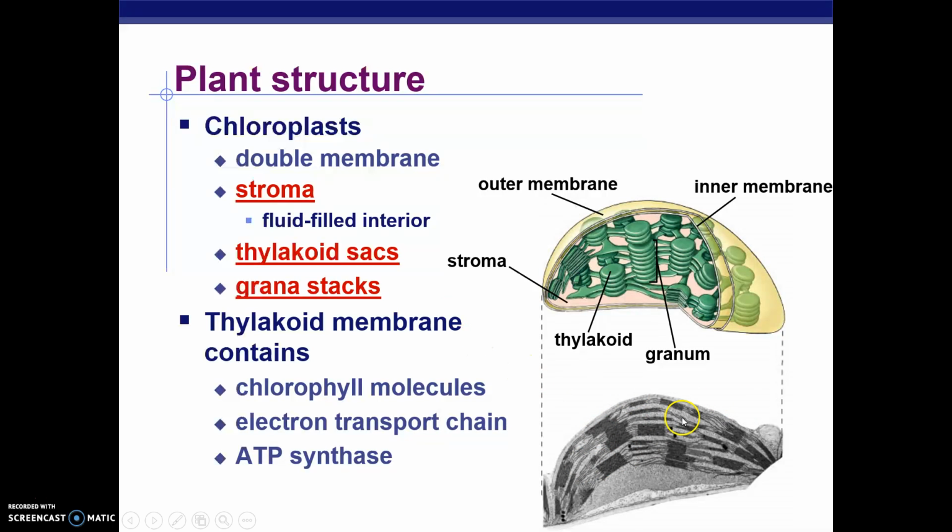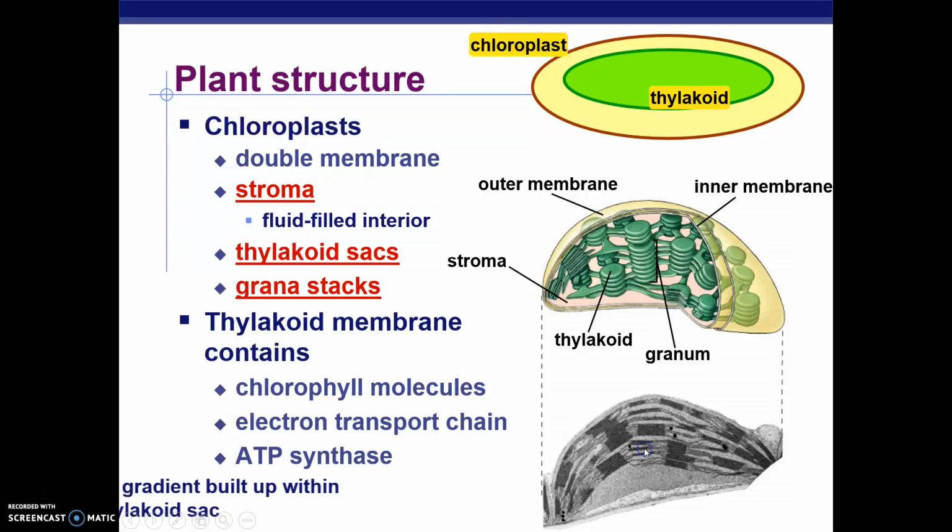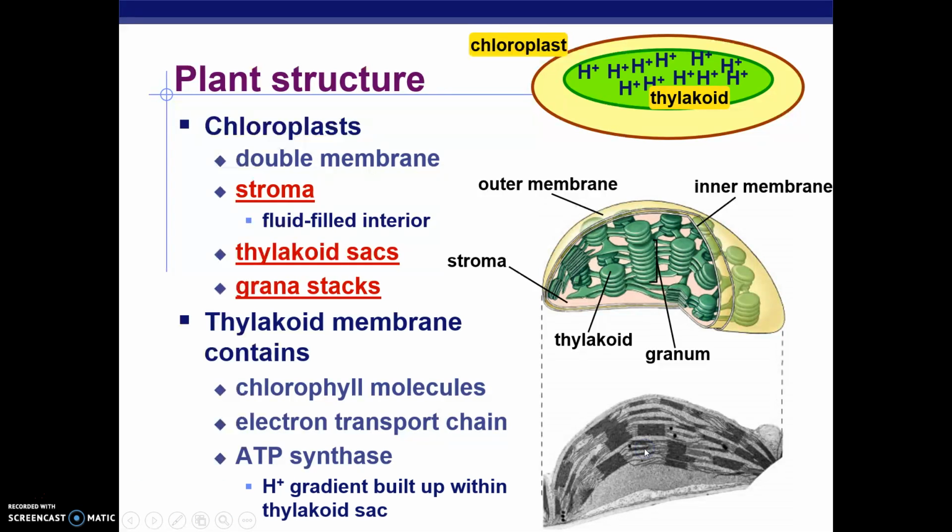Here we see a beautiful electron micrograph of the chloroplast, and we see the thylakoids. Here is a model diagram, a simplistic drawing of the chloroplast, wherein we are seeing only one thylakoid.